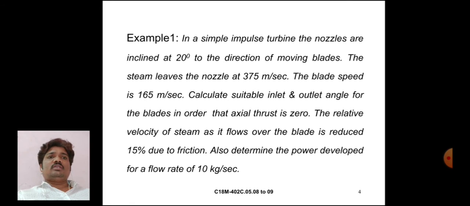Calculate suitable inlet and outlet angles for the blades in order that axial thrust is 0. The relative velocity of steam as it flows over the blade is reduced 15% due to friction. Also determine the power developed for a flow rate of 10 kg per second.